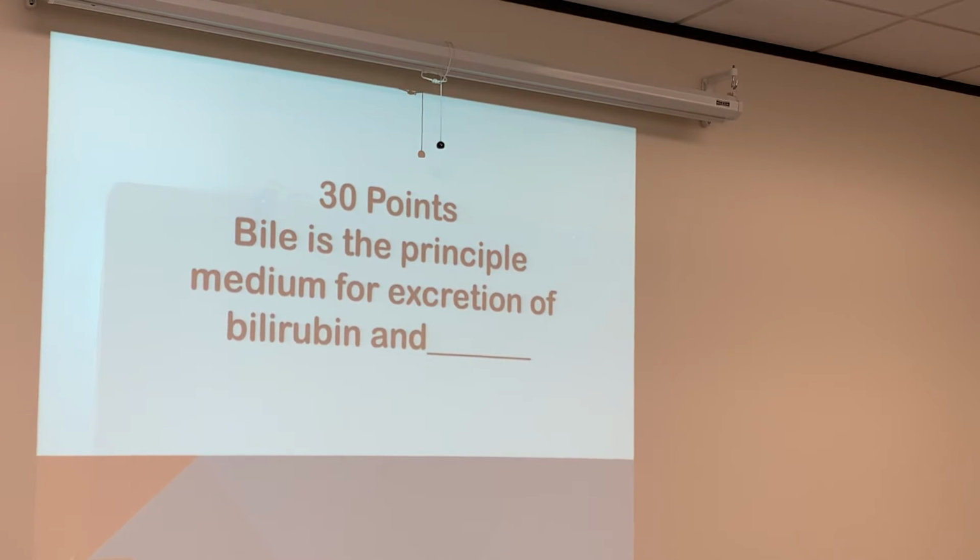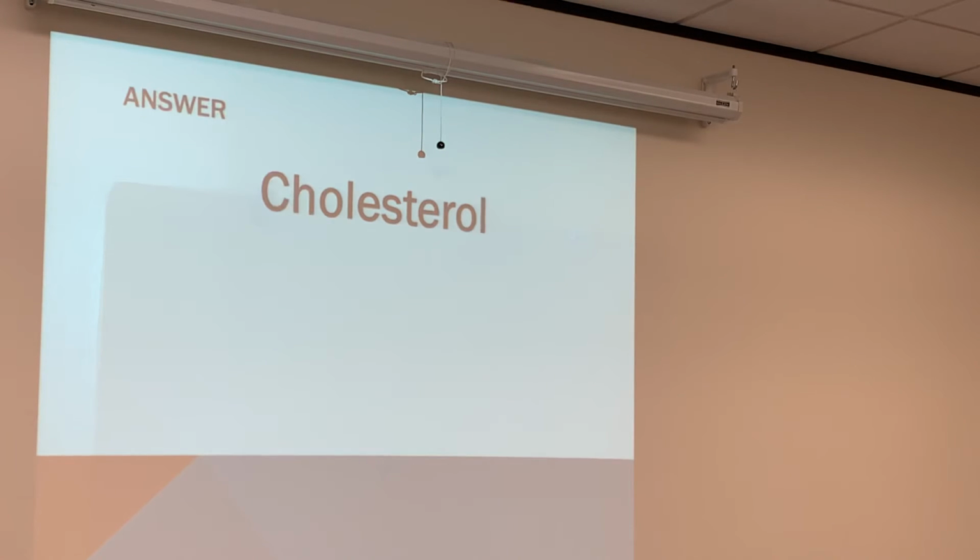Urea? Huh? CCK? Urea. Hemoglobin. No. RBC. Bile is the principal medium for excretion of cholesterol. I don't know where that came from. I can't remember. We'll come back to it.